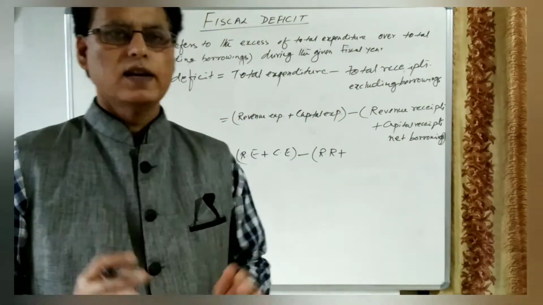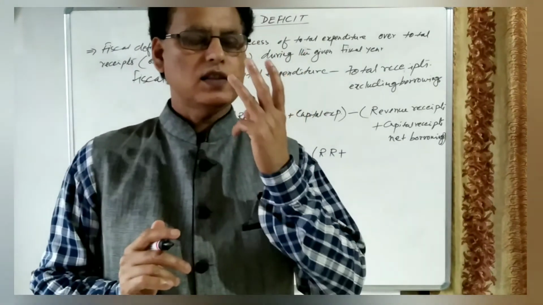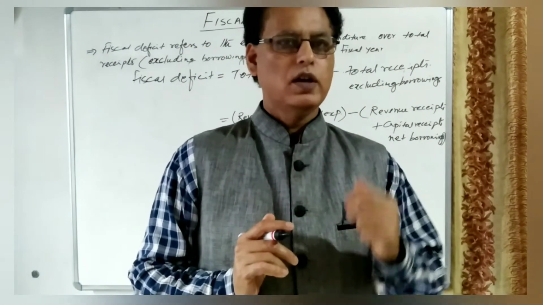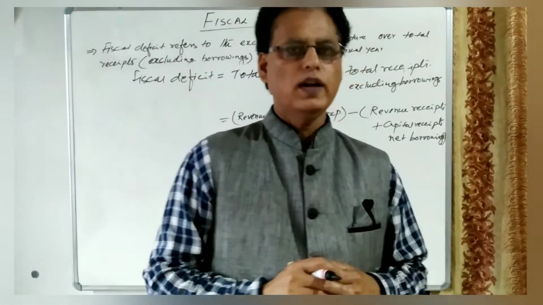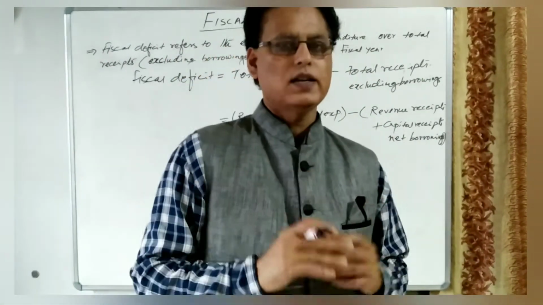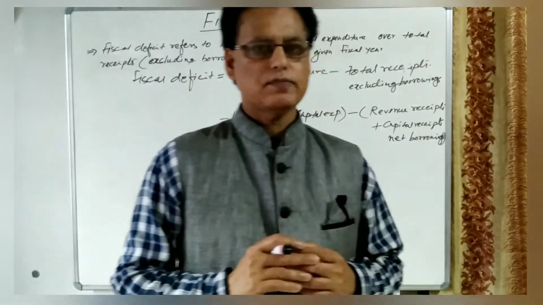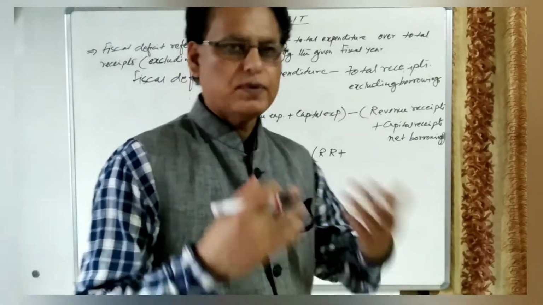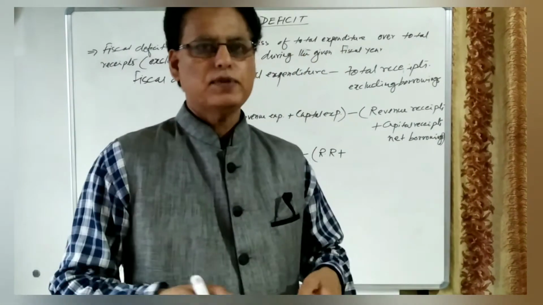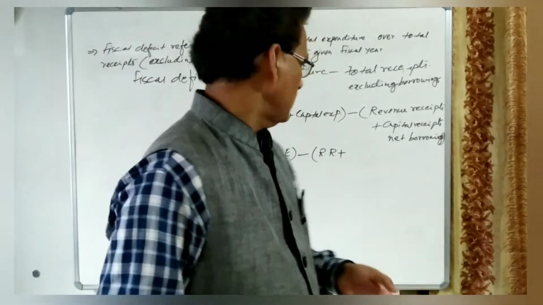Let us see, there are three sources of capital receipt. First one is the borrowing, second one is recovery of loan, and third one is other receipts such as disinvestment and small savings. It means there is debt creating capital receipt and non-debt creating capital receipt.